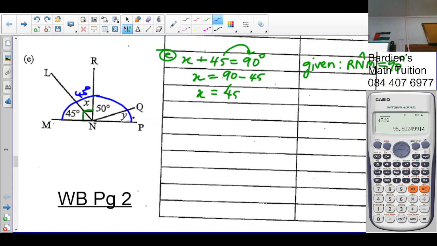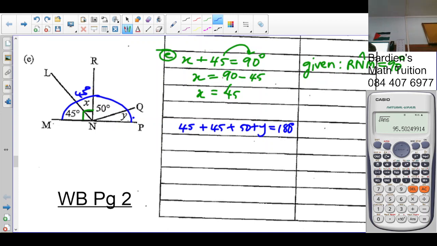So 45 plus 45 plus 50 plus y equals 180. Or you could have said 50 plus y is equal to 90 degrees. It's the same thing, because that was given as 90 degrees.